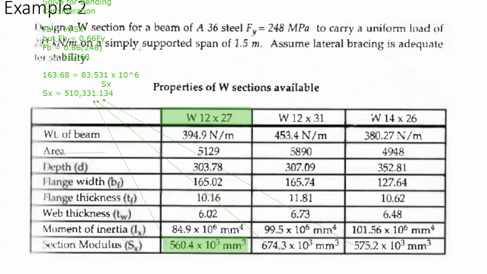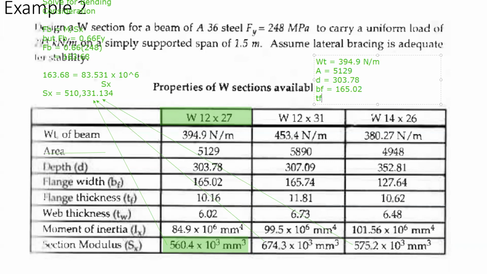Okay, so let's continue. Let's write our given. You have the weight of beam, 394.9 Newton per meter. You have the area, this would be 5129. You have your depth, that is 303.78. And you have your flange width, this is 165.02.